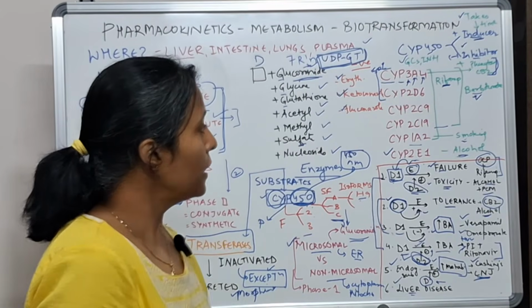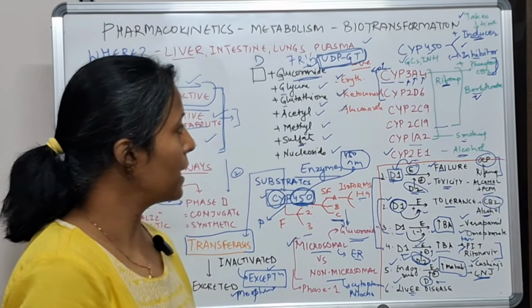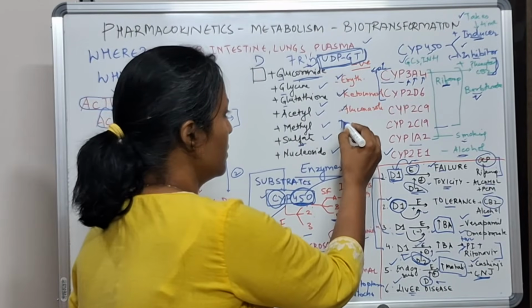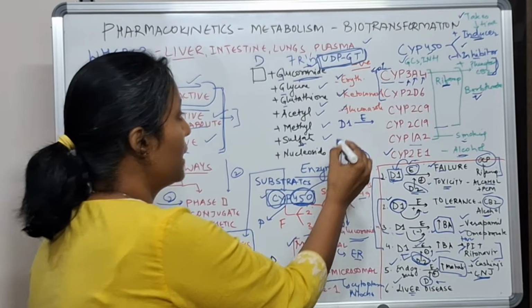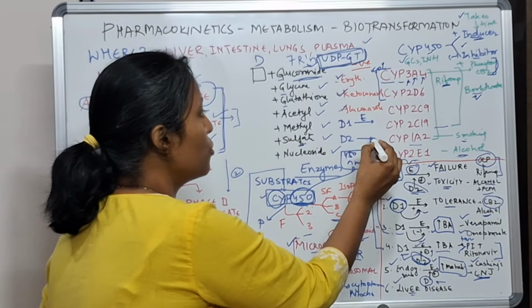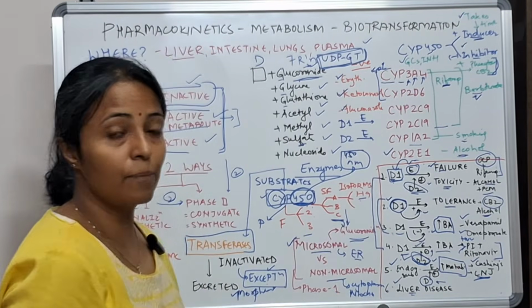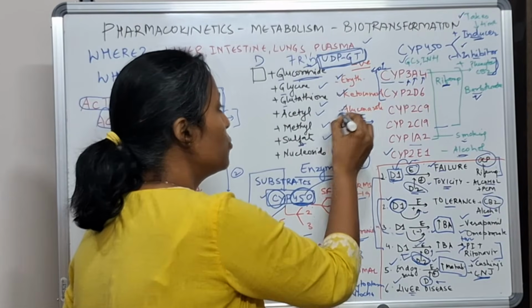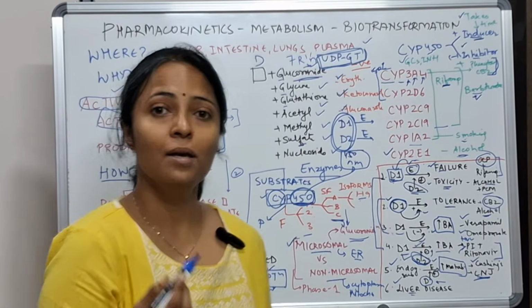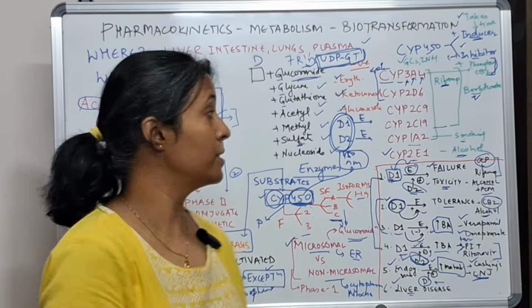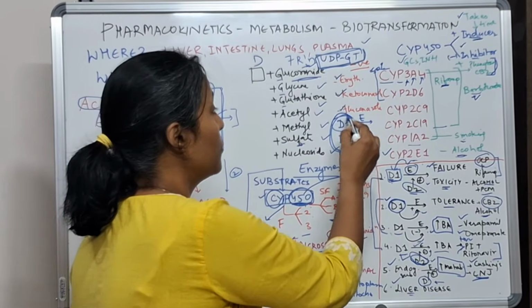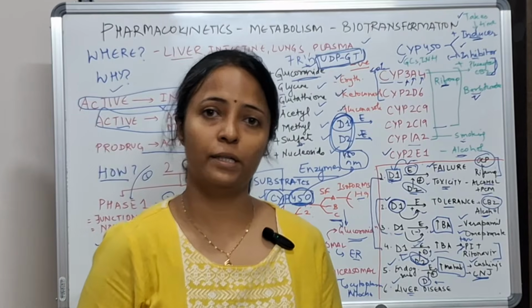Then one more is there. Say suppose there is drug 1, which is metabolized by one enzyme, and there is another drug which is also metabolized by the same enzyme, then there can be competition between these two drugs as to which will be metabolized. If one is metabolized more by this enzyme, then the other drug will not be metabolized and it will accumulate in the body.